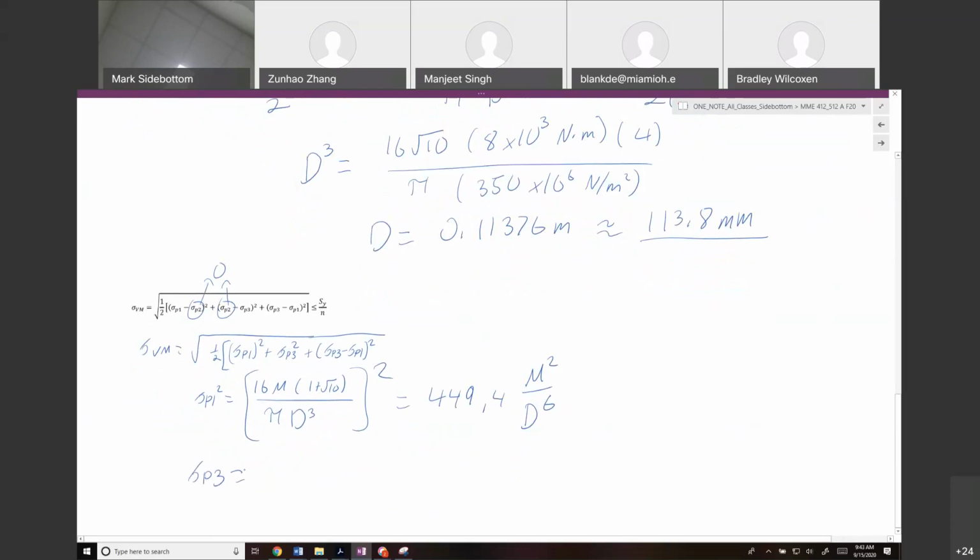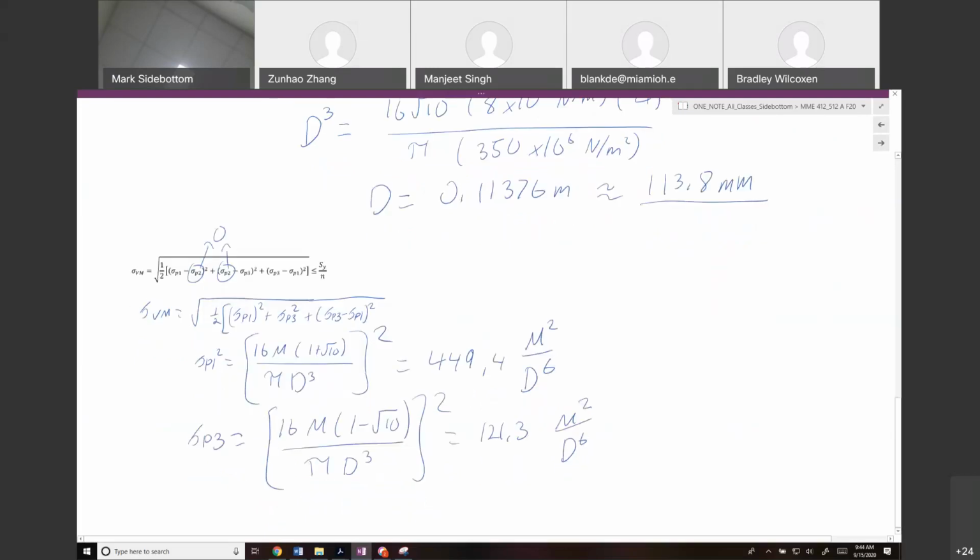If we do that, we would get 16 times the moment times 1 minus radical 10 over pi diameter cubed, squared. So we end up getting 121.3 times the moment squared over the diameter to the sixth.